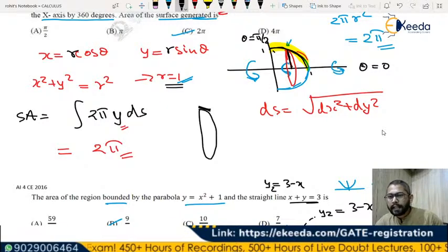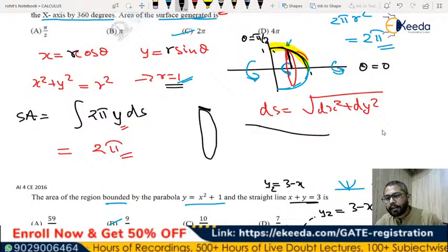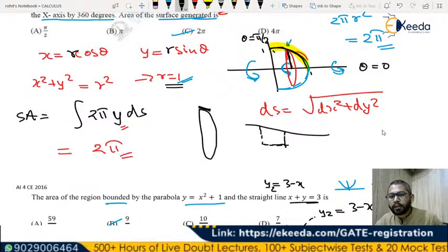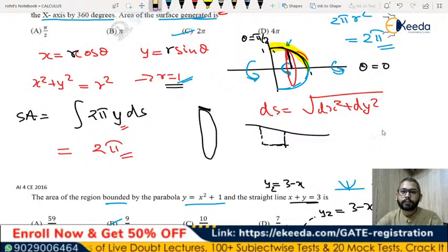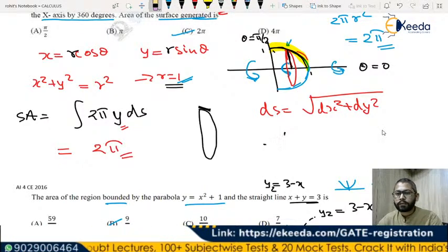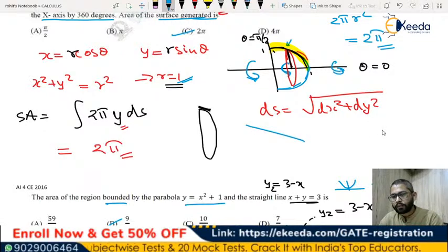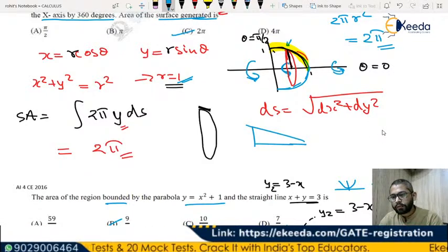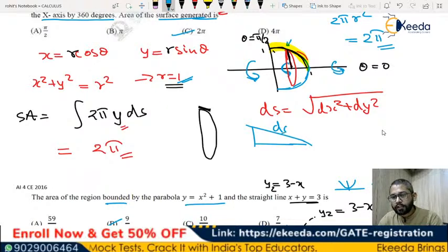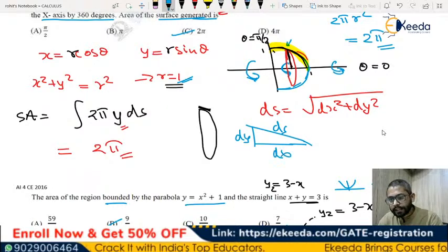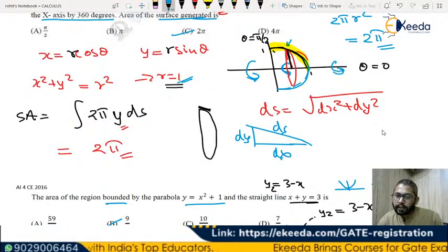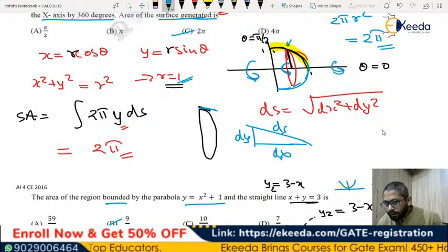So in this case, the length will be not like this. Let's say this is ds, this is dy and this is dx. So in this case you need the length like this.